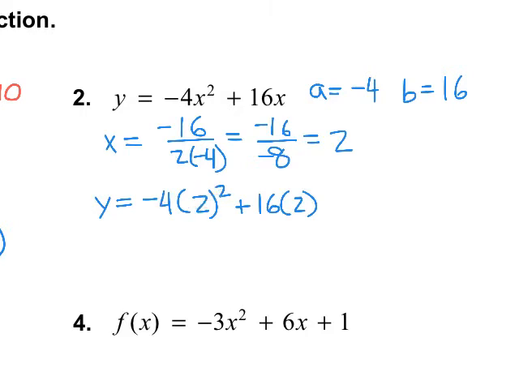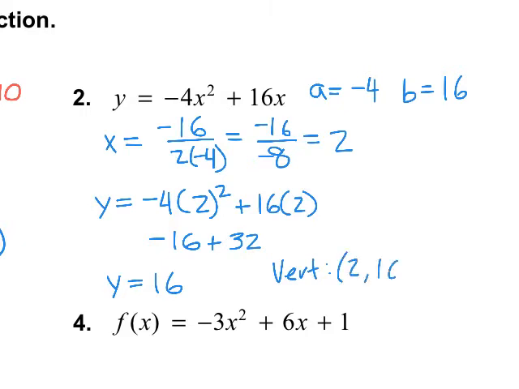So 2 squared is 4, and then 4 times the negative 4 out front is negative 16 for that term. And then back here, 16 times 2 is 32. So when I combine those together, negative 16 plus 32 is positive 16. So then my vertex, when I put it together, x comma y is 2 comma 16.